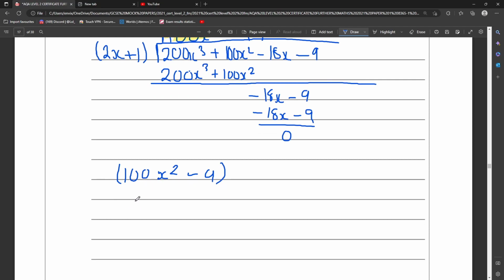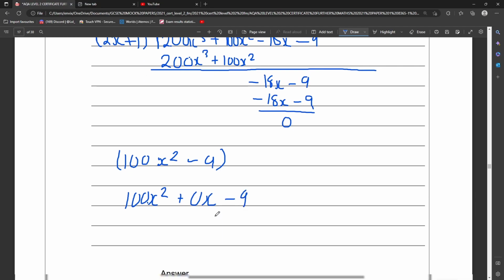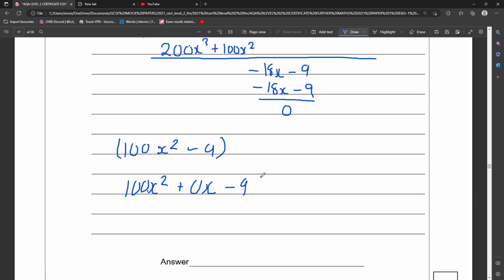Because we know that we can rewrite this as 100x squared plus 0x minus 9. And then what we would do is just factor it like a harder quadratic like we did in GCSE. So we would find the factors of 900, and obviously that would be 30 and 30.